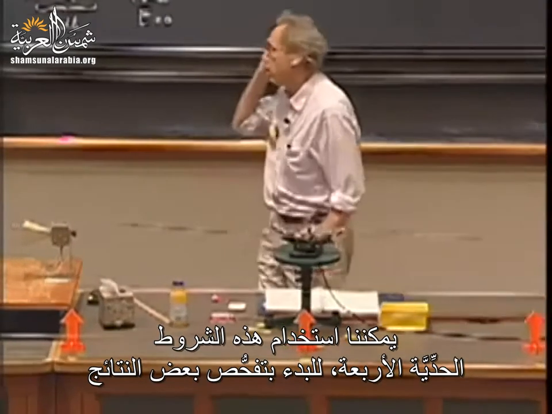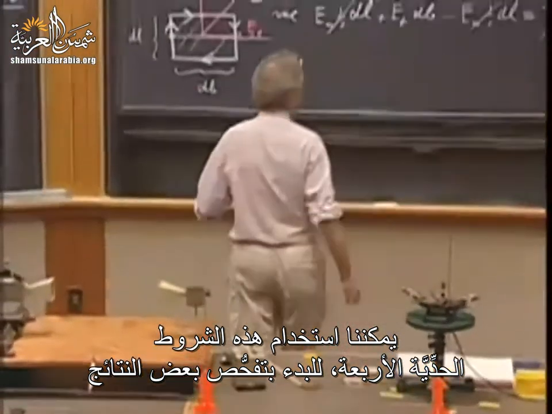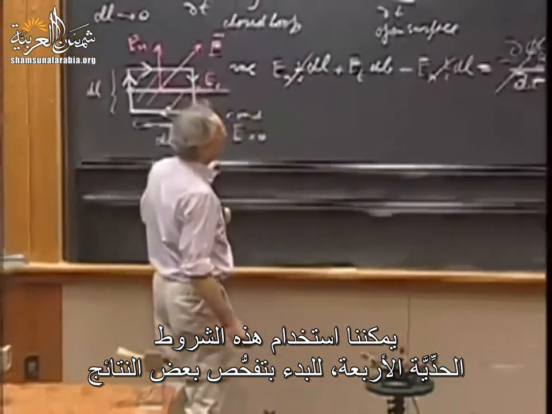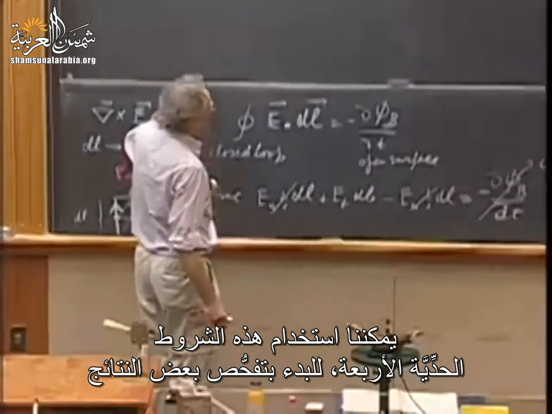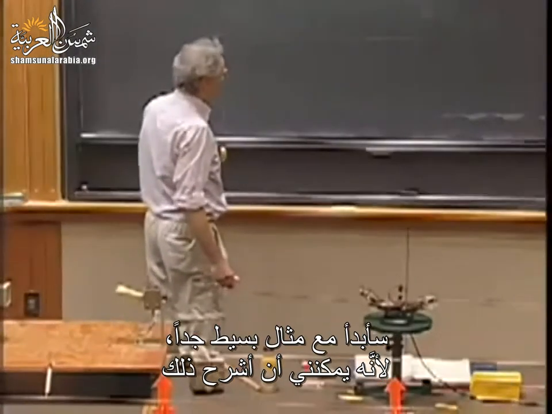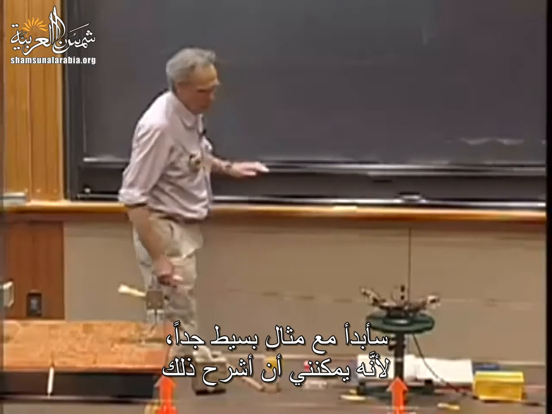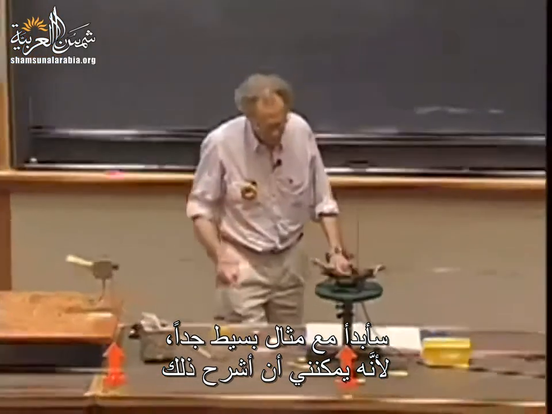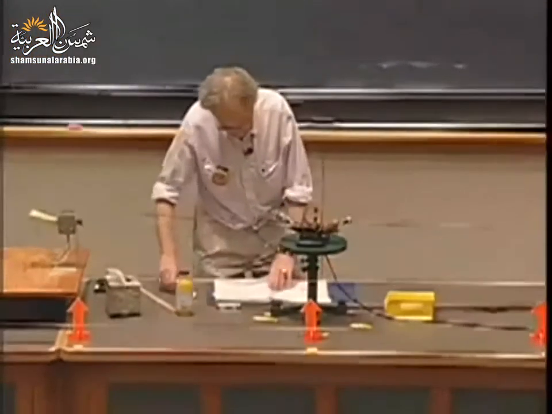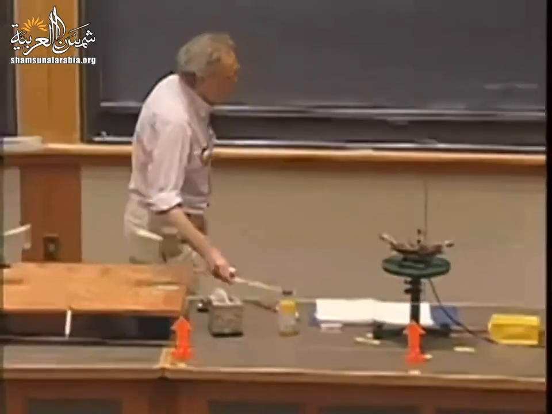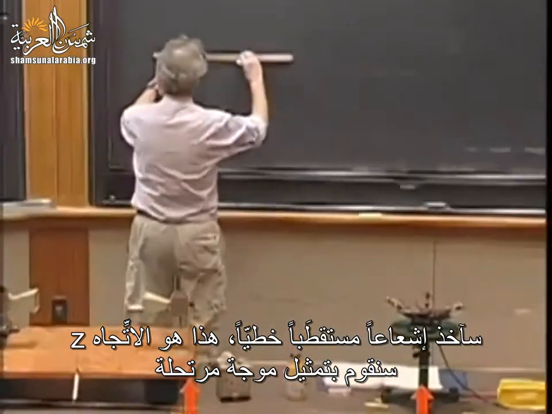So we can use these four boundary conditions now to start looking into some results. And I will start with a very simple example, because I can demonstrate that. I take linearly polarized radiation.